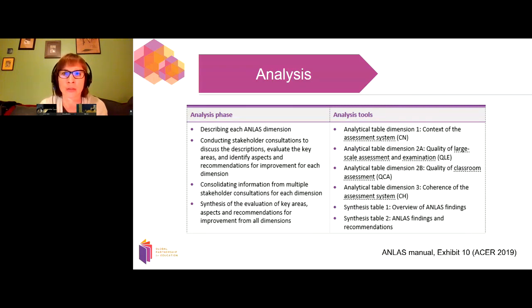Following these initial 2 steps, all the information from multiple stakeholder consultations needs to be consolidated and then also synthesized to evaluate the key areas and to really summarize and synthesize all the aspects and recommendations for improvements that have been identified as part of the analysis. The analysis tools are again shown in the right-hand column.